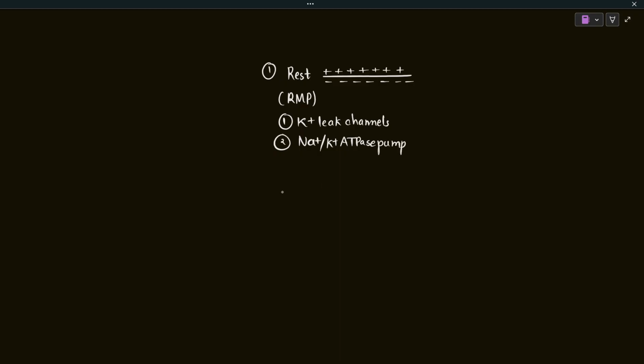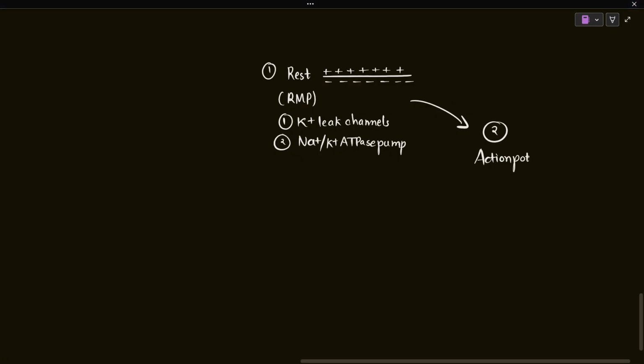Then the stimulus arrives at the site and the charge separation is reduced, and due to that the action potential is generated.